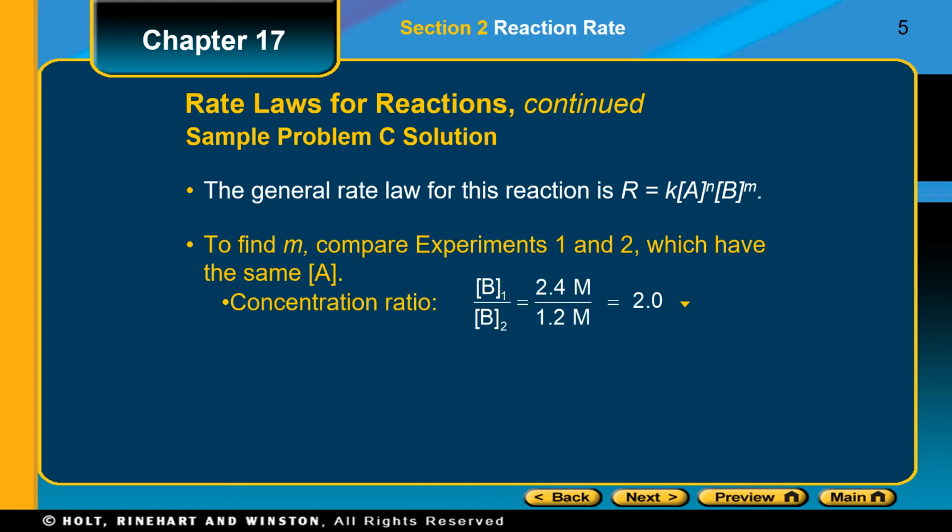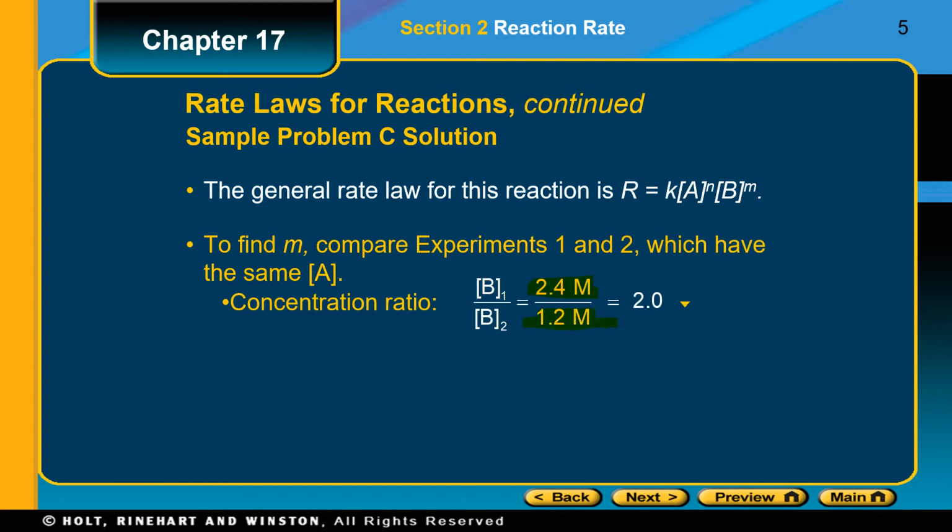And so what we're going to do is pick the concentrations of B in trials 1 and 2, and you might notice that this time they have it B1 over B2. Why would we change it around? Because we want the larger number on the top, the smaller number on the bottom. Why?